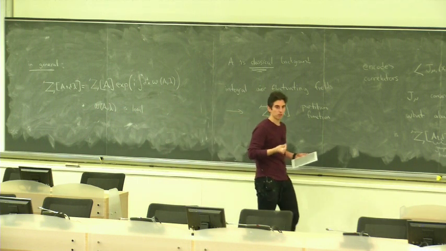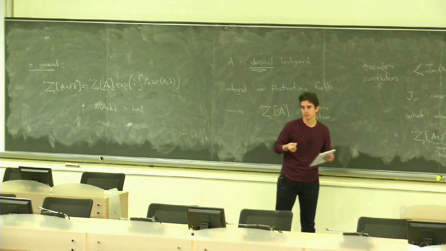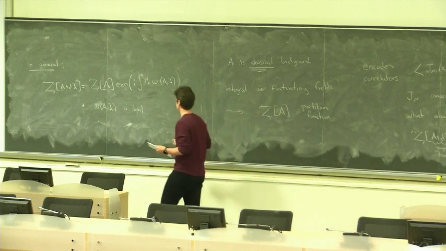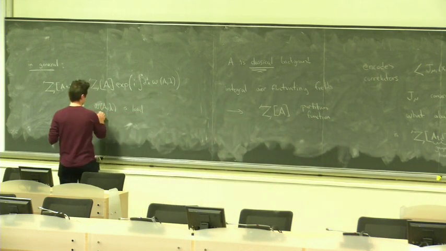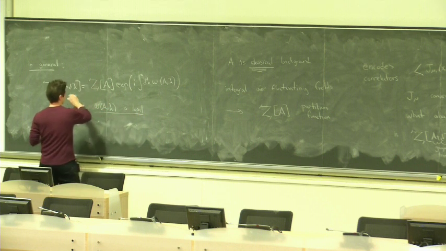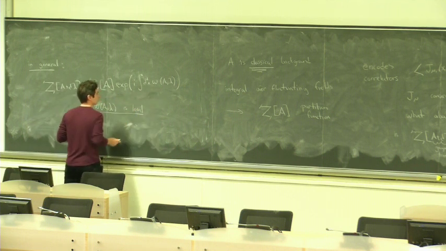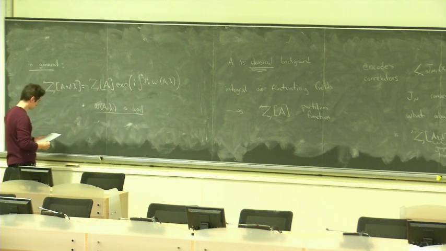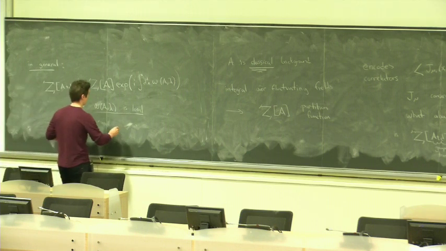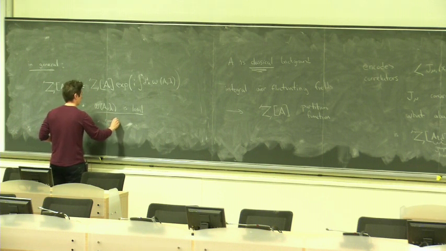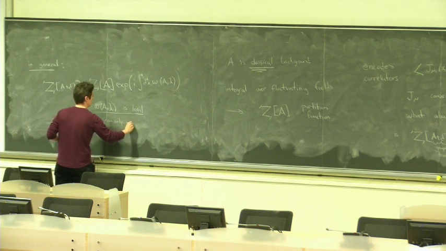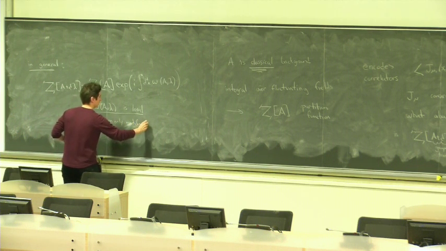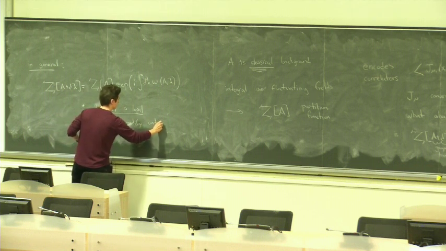But if there was something non-local, it would be correcting even the separated points. So this is really key. So the only kind of correction I can find is something local. This is because it can only modify contact terms.